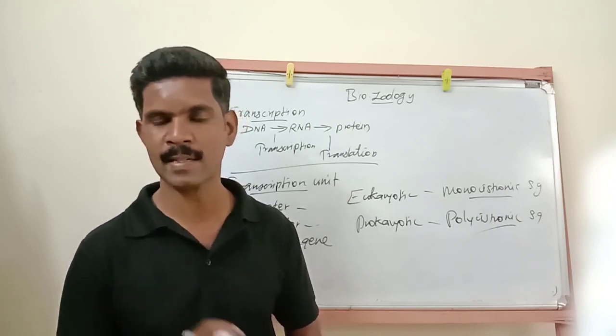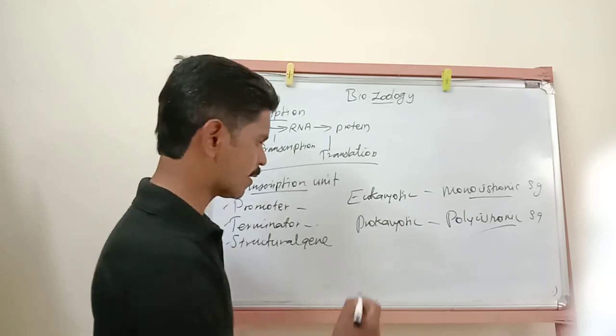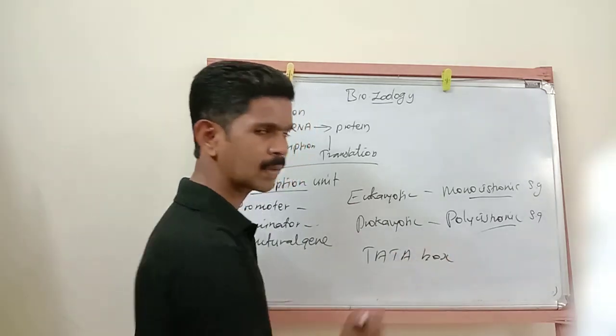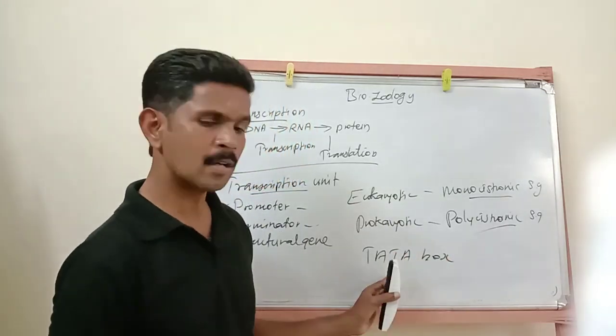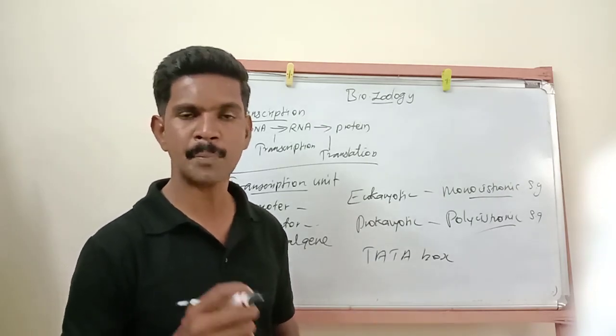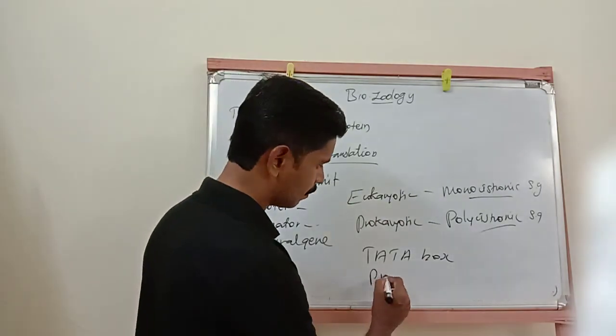Highly AT regions are present, and this region is called TATA box. Understand? So this TATA box is present in eukaryotes. The same region present in the prokaryotes is called Pribnow box.